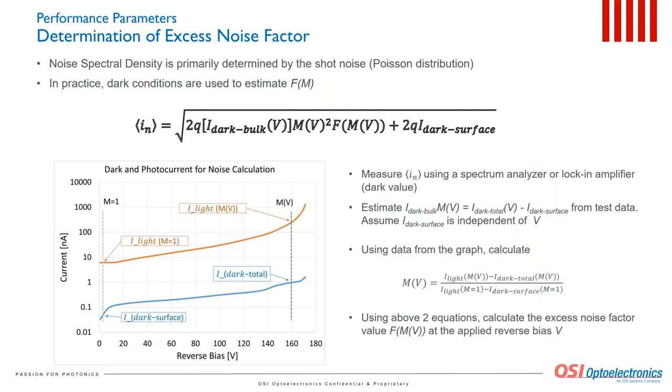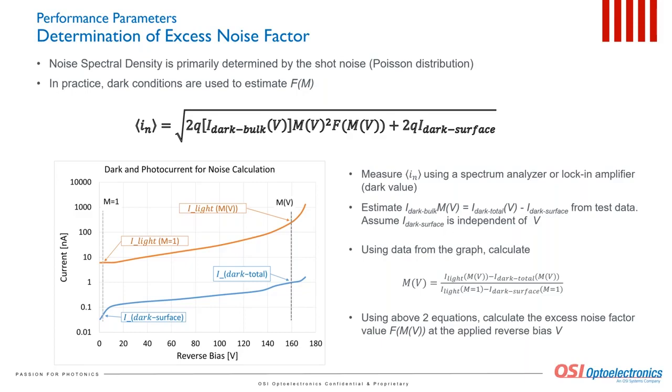And then, using the light and dark current values from the graph, calculate the gain at each bias of interest. And finally, using two equations shown on this slide, calculate the excess noise factor value at the applied reverse bias V.